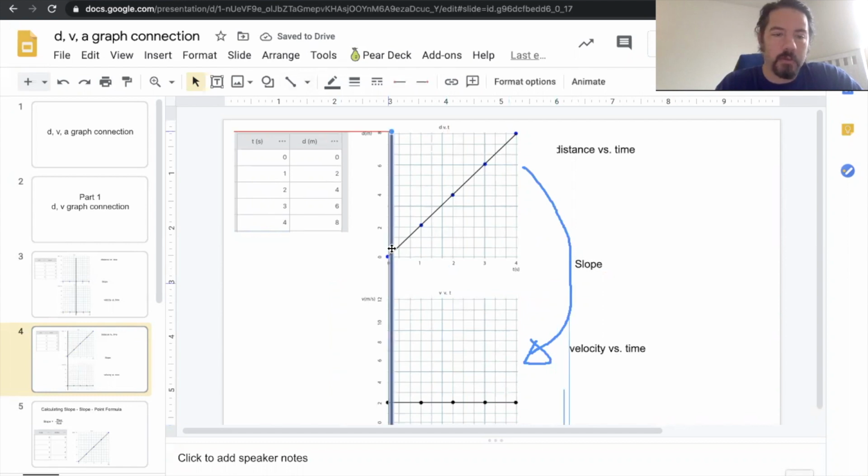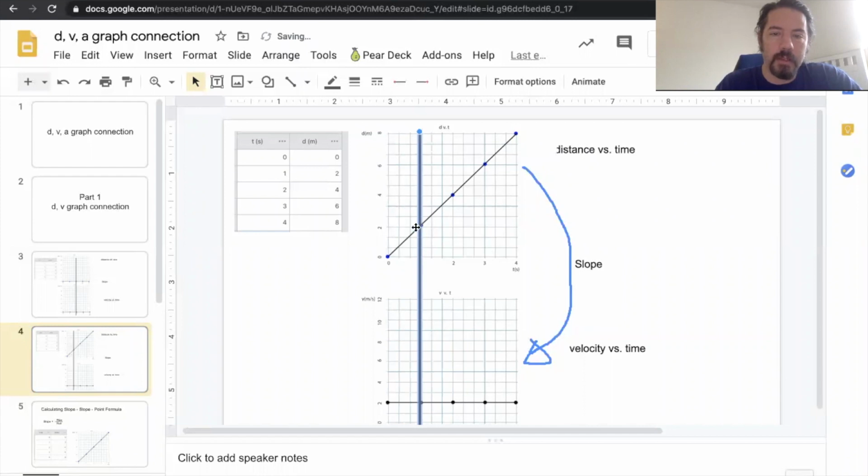Time equals 0. Time equals 1 second. At 1 second, the object has traveled 2 meters. So we can see the starting line, and then the object has traveled 2 meters. Let me sketch that real quick. We have our starting line, and then 2 meters later, we have our object. But it's also going 2 meters per second, so it's traveling with a velocity of 2 meters per second.